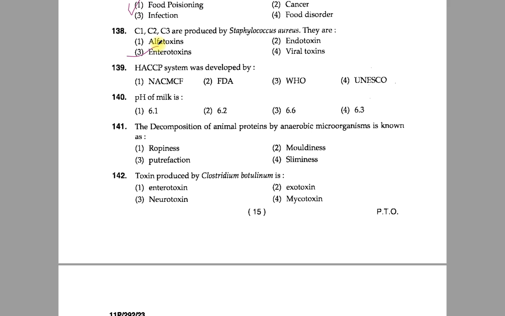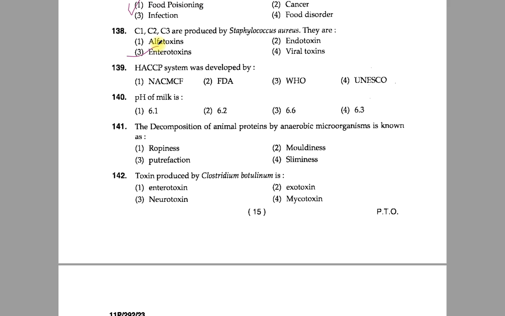Question 139. HACCP system was developed by 1. MSc MCF, 2. FDA, 3. WHO, 4. UNESCO. The HACCP system was originally developed by NASA, National Aeronautics and Space Administration, under the FDA, Food and Drug Administration of USA, and it is for the control of the biological, chemical and physical hazards concerned with food items.